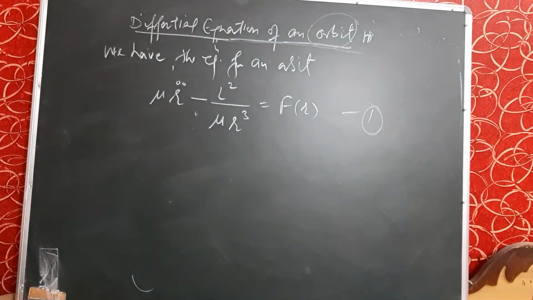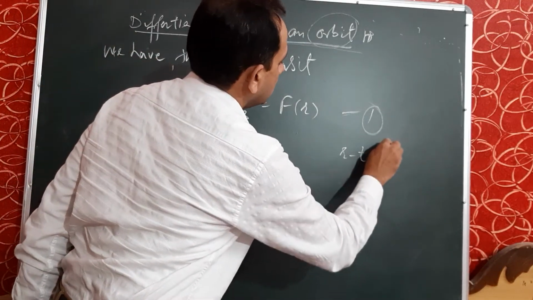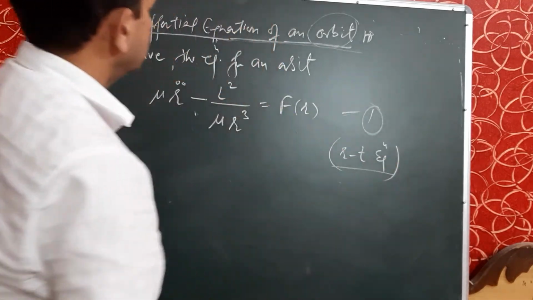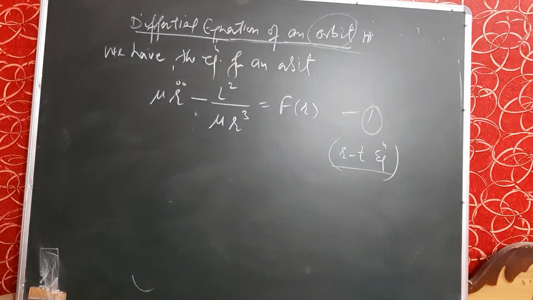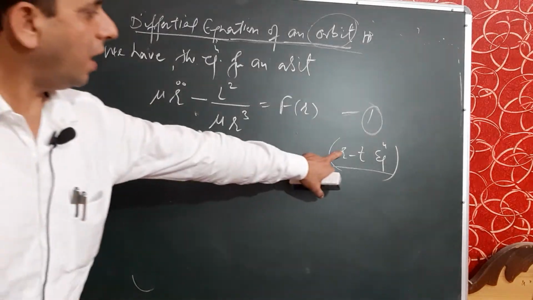You know that this equation is obtained from the previous article. This equation is also known as the RT equation. I have written this equation as the RT equation in the previous lecture. So, this is also a differential equation of an orbit, but it is in terms of r and t.